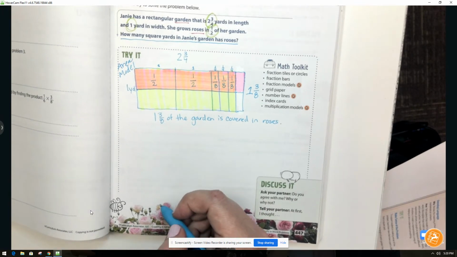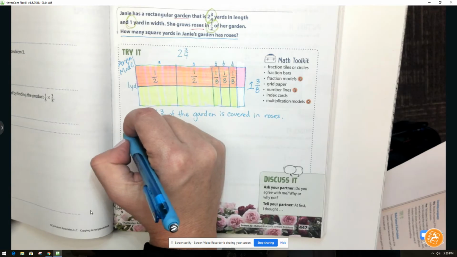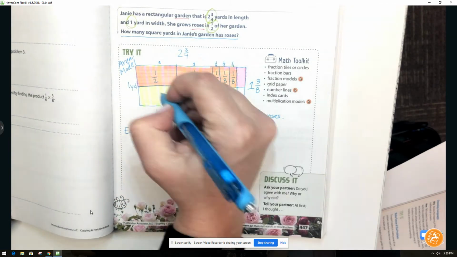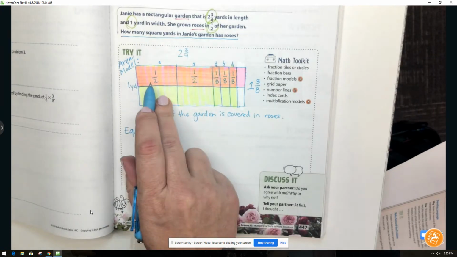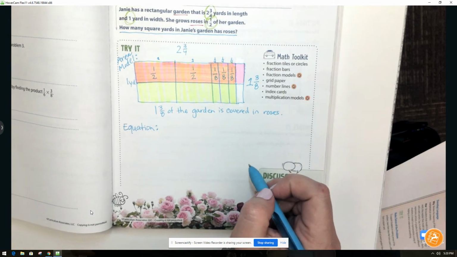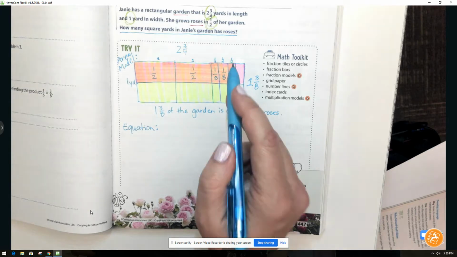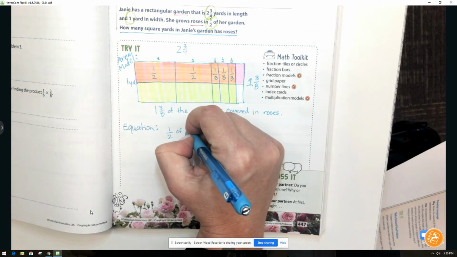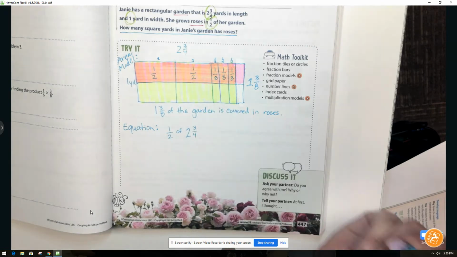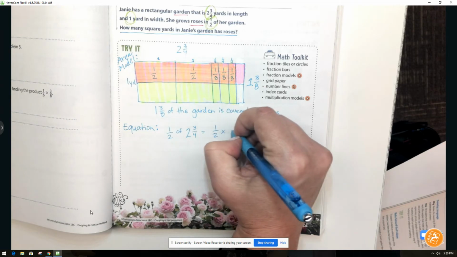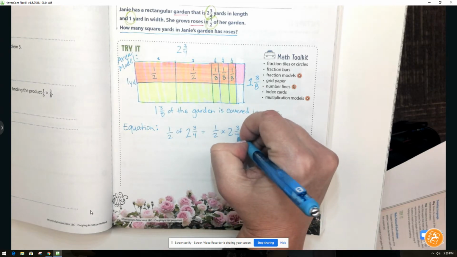Now, I'm going to show you how to do this as an equation, because the area model, while it gives us a great visual, might not be your best method. So I want to show you another way that you could do that. So this is what you could do. We want to know what is 1/2 of 2 3/4, or what is 1/2 times 2 3/4.